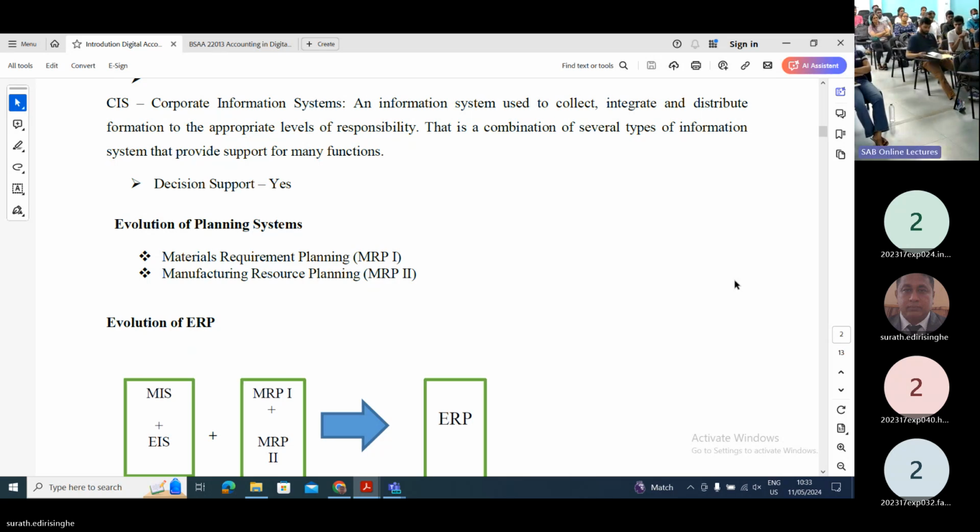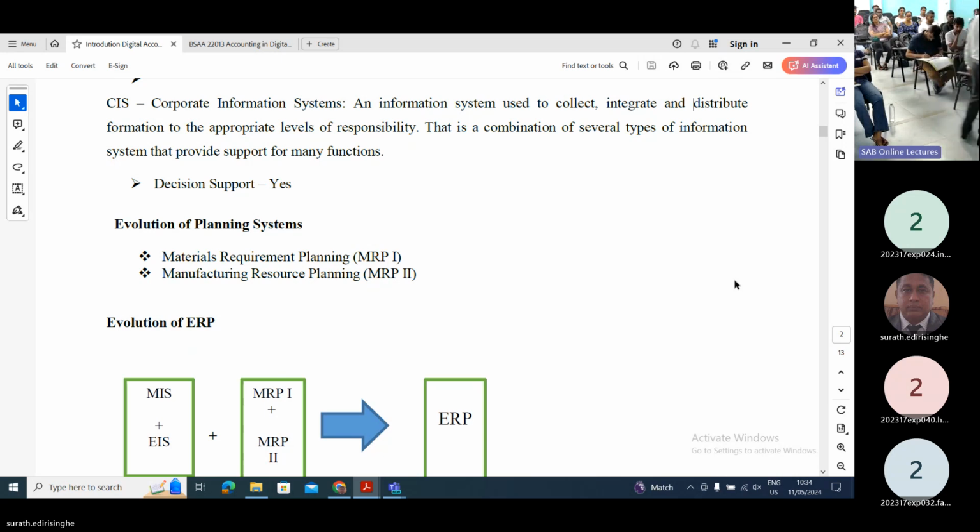There are some material requirements. Let's say raw material 1 and raw material 2, and labor and overhead. These are the parts of production now: material requirement, labor requirement, and overhead requirement. MRP1 deals with the material.